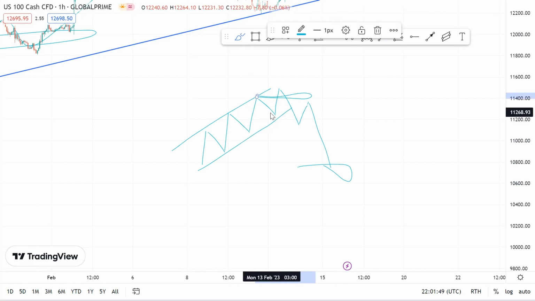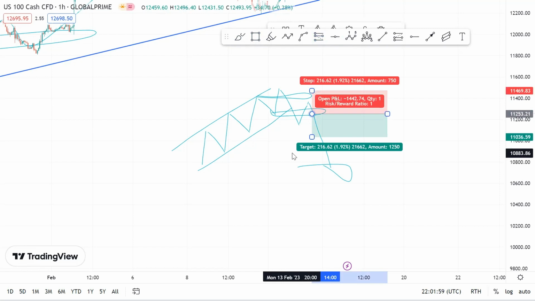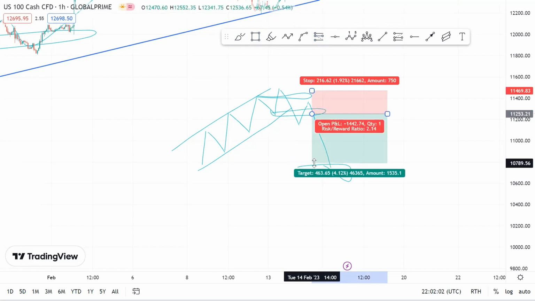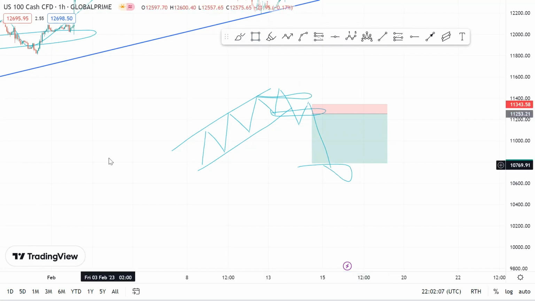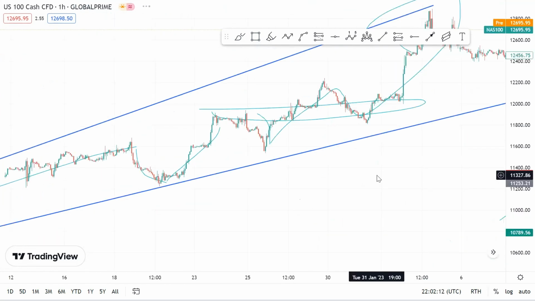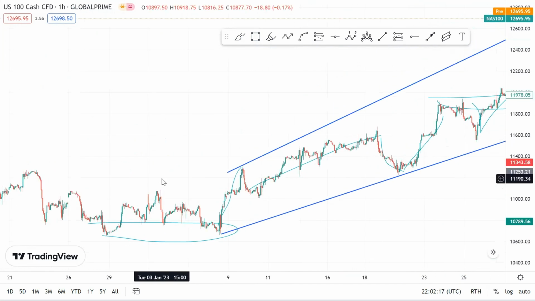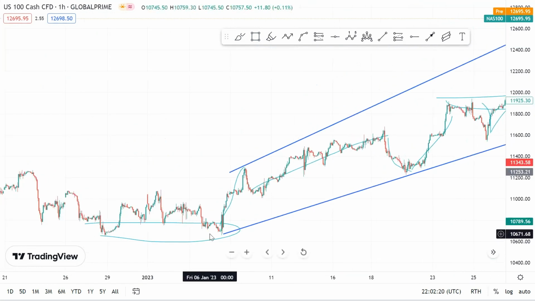So we'll be using this level here as our entry point for the downtrend. We'll be using this certain point here for a downtrend, as I have shown you here on the double bottom, in respect to this structure here. As you can see, we have a double bottom to the upside, a retest at this level here.